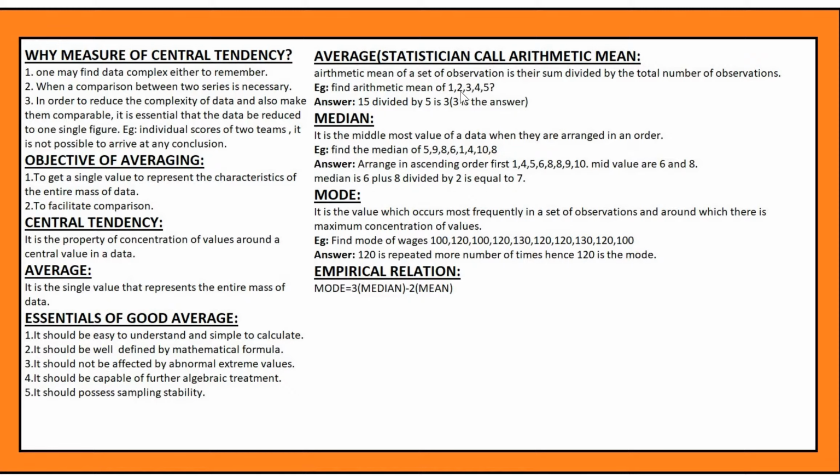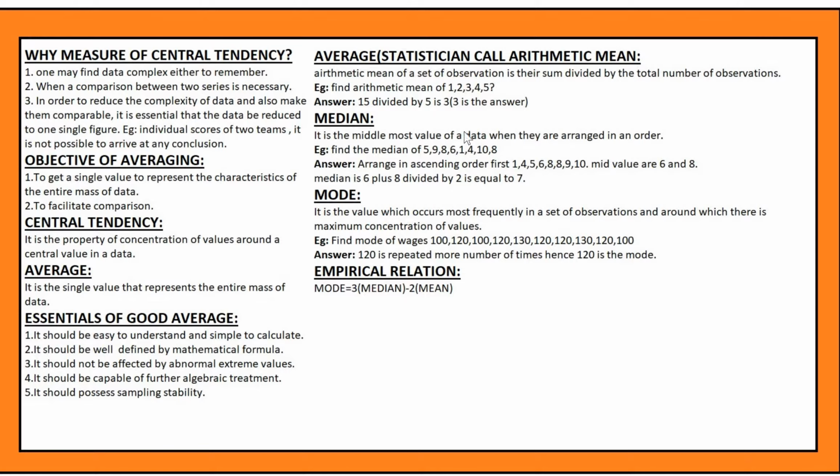See here we have a few numbers like 1, 2, 3, 4, 5. You have to add 1 plus 2 plus 3 plus 4 plus 5, divided by the number of observations. We have 5 observations here. When you add them, the sum is 15, and divided by 5 you get 3. So 3 is the arithmetic mean of these observations.